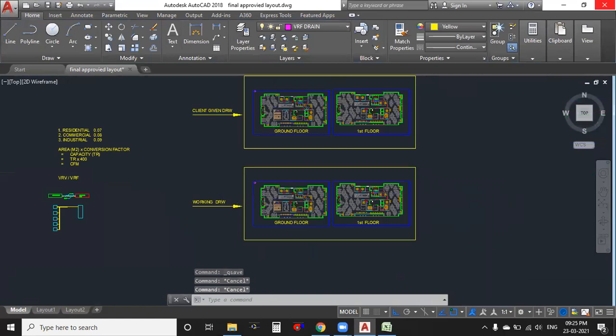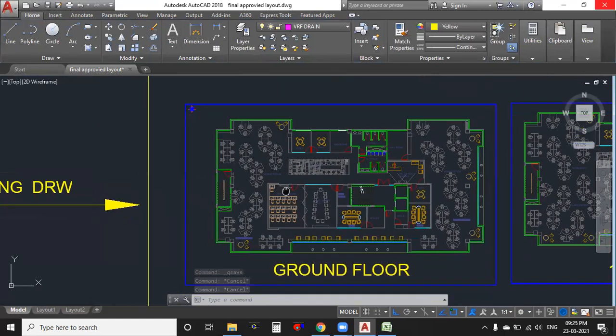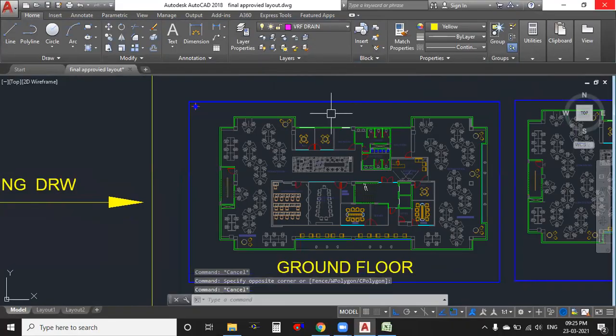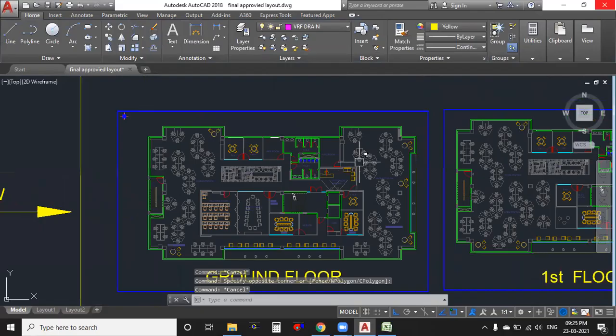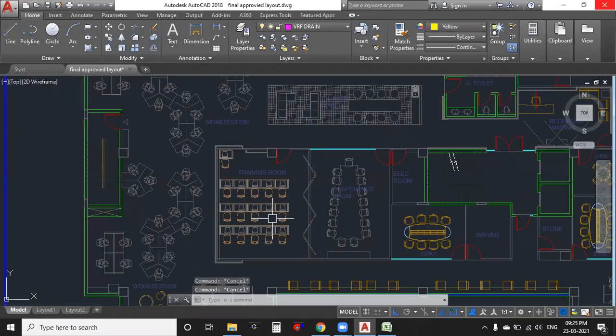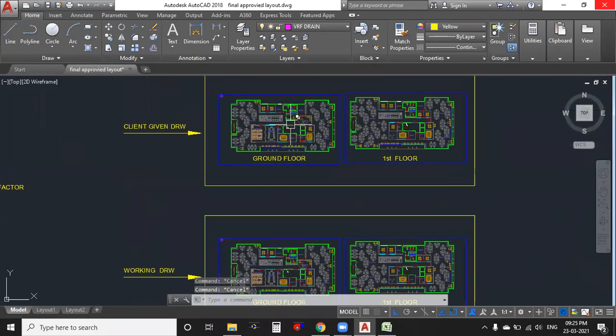Why am I copying here? If I am working in this working drawing and I get any problem or doubt, maybe a layout problem, or unfortunately we have deleted something and don't know, then I can check from this layout to that layout.